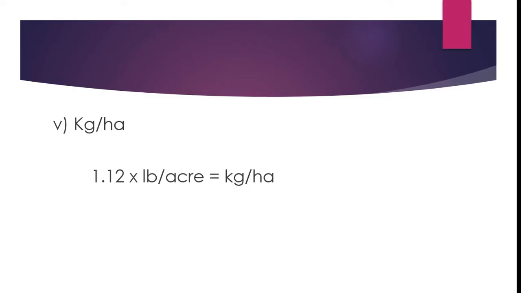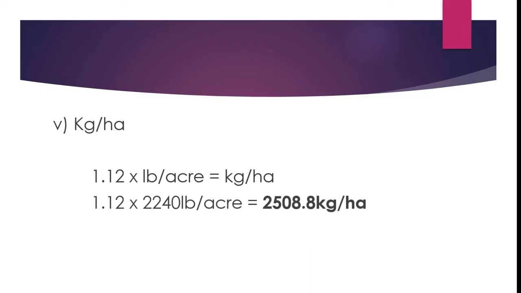You should always get the value in kilograms per hectare. As simple as that. So earlier, our pounds per acre was calculated to be 2,240 pounds per acre. So to get it in kilograms per hectare, we multiply it by 1.12. So we get 2,508.8 kilograms per hectare.